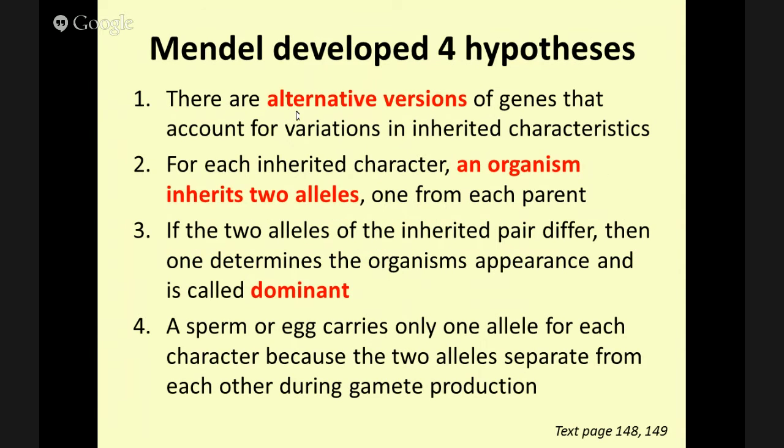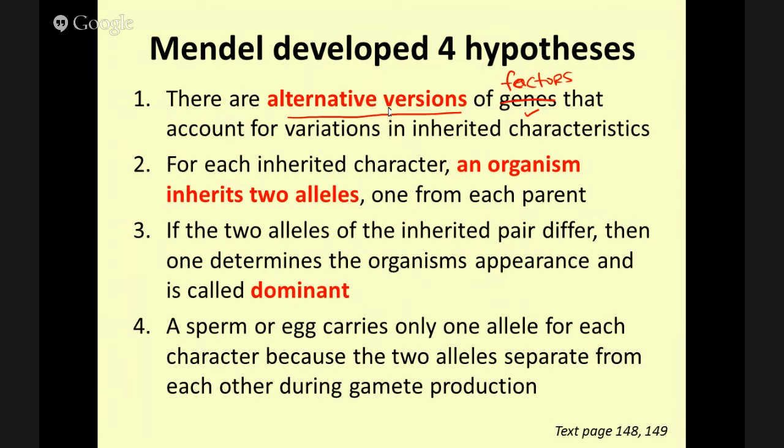He said that there are alternative versions of genes. And remember, he didn't know about genes, so he said there are alternative versions of factors, things like purple flower factor, white flower factor. Nowadays we would call these genes, but back then Mendel didn't know that genes existed.